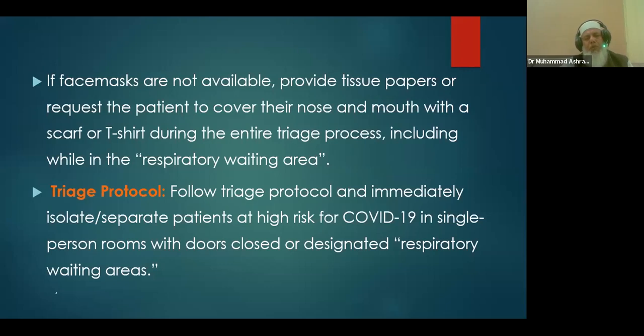But we have to separate and categorize them. Those patients who are at high risk, as we discussed in the case definitions of COVID-19, should be separated and sent to closed door rooms, and then evaluated by the designated healthcare staff, or taken to the respiratory waiting area.